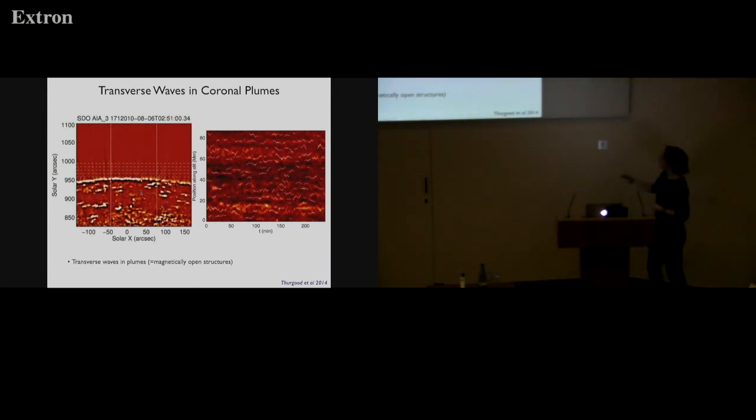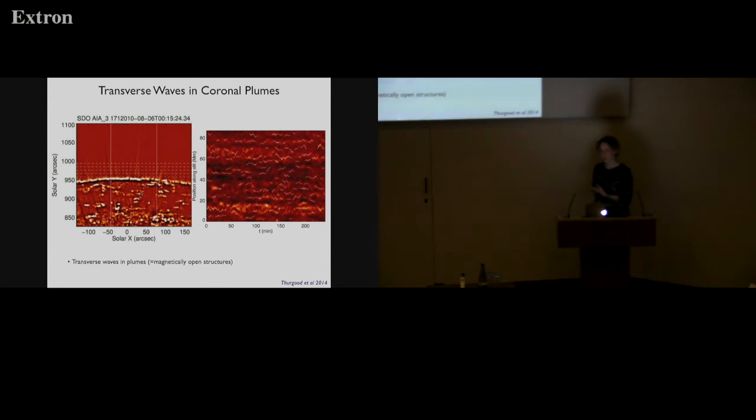So if you plot the intensity along that line, up here, and then follow it as a function of time, you see all these very small swaying motions, but throughout time at different parts of this cut. So again, you get kind of ubiquitous, transverse, but very small scale swaying structures. The difference with some of the previous slides is that this is in what we think are magnetically open structures.